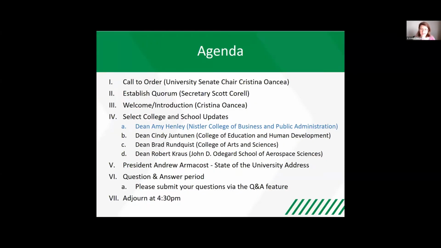For today, we have an agenda that includes a call to order that I'm going to start now. I will call to order the University Council meeting. Then we're going to establish quorum with help of Secretary Scott Correll. Then I'm going to say a few words, followed by select college and school updates from several of our deans.